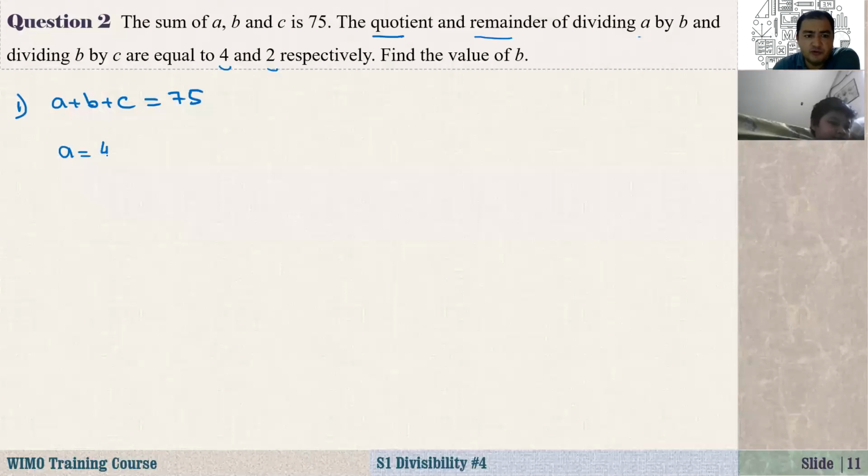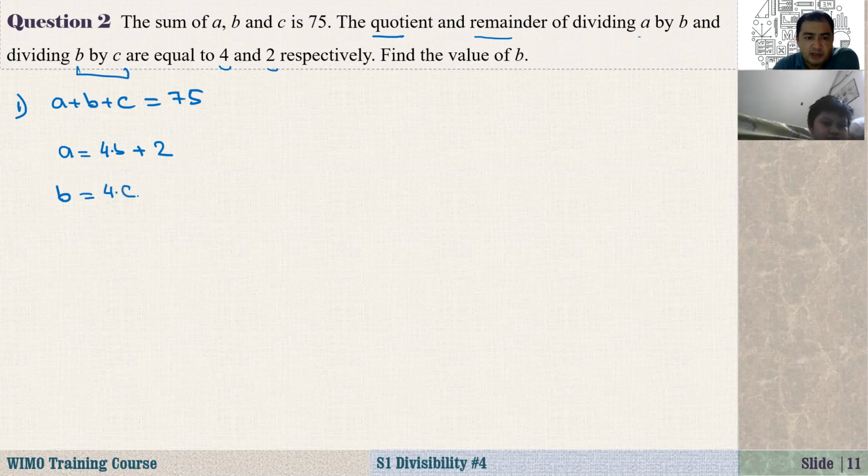So that means that it is 4 times B plus 2. If you divide B by C again, the quotient is 4 and the remainder is 2. It means this. I think if you don't read well, you may not understand this question.